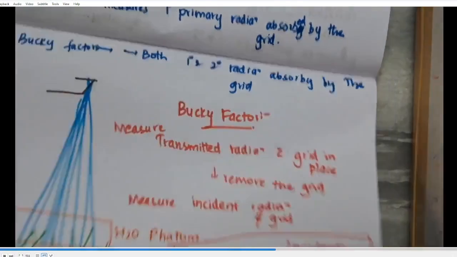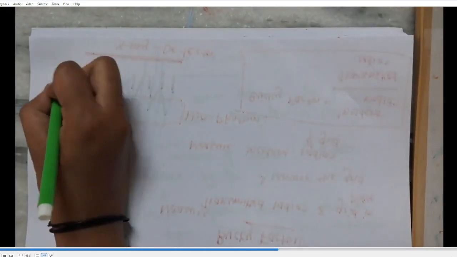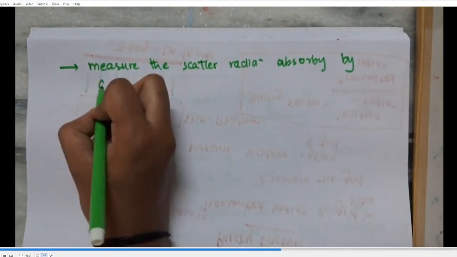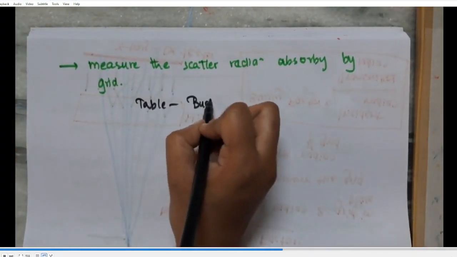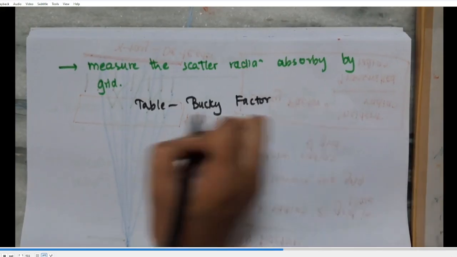So the Bucky factor is a measure of the total quantity of radiation absorbed from the X-ray beam by the grid. It is also a measure of the grid's ability to remove scattered radiation.